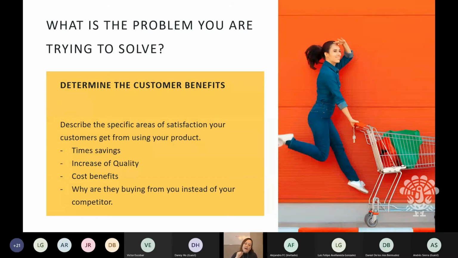Then another key aspect to define the problem you're trying to solve is to determine the customer benefits. And you need to be very clear, right? When defining the benefits, is it saving time for the customer, or increasing the quality of the services or products they offer? Is it cost benefits? And you have an advantage here, right?